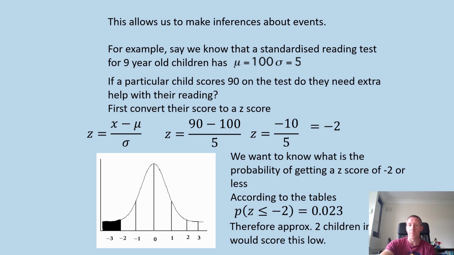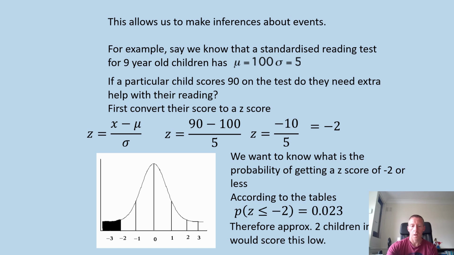What that means is approximately 2 children in 100 would score this low. That's an extremely low score. About 98% of the population score higher than that child on that particular test. So it probably suggests they need some assistance.